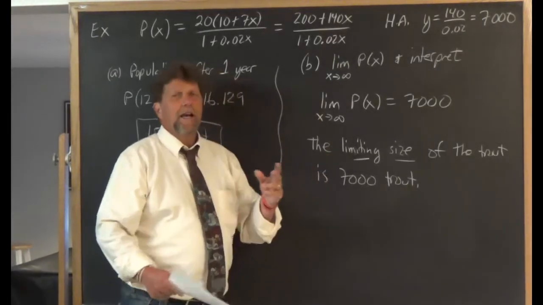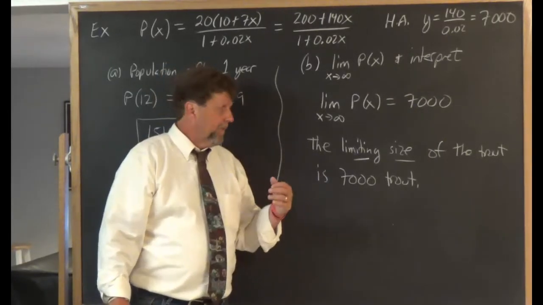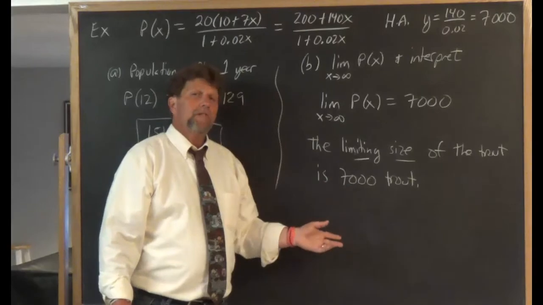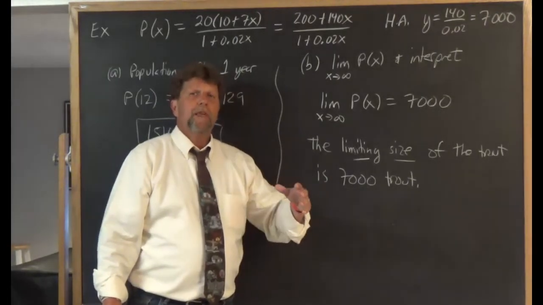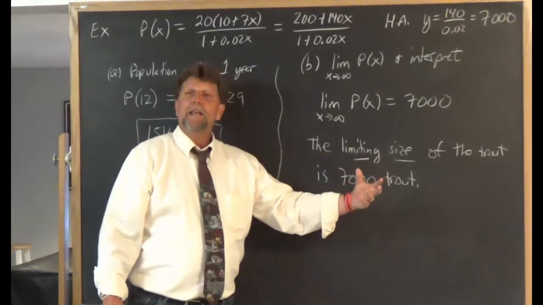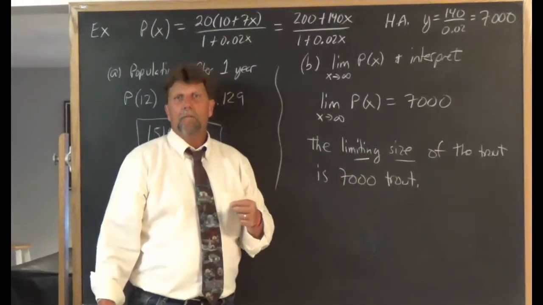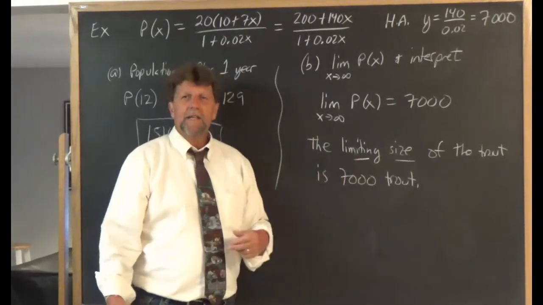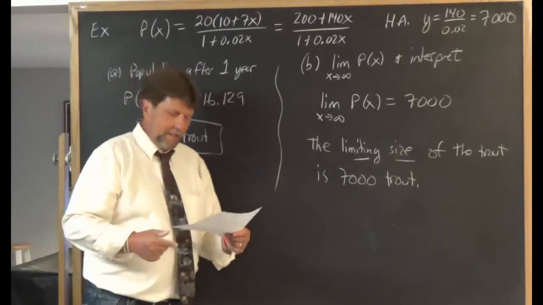So limiting size, carrying capacity, either of those is fine. If you were to say your interpretation is, as the number of months increases without bound, the population of the trout is 7,000, that's fine. I just thought I would toss in a couple of biological terms here, limiting size or carrying capacity. But that's it for this example.